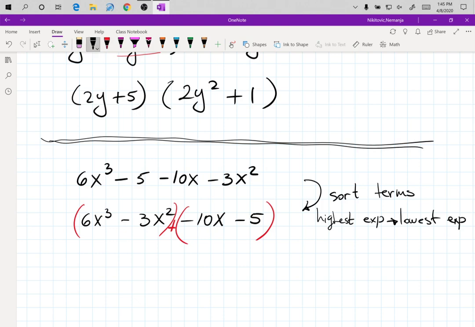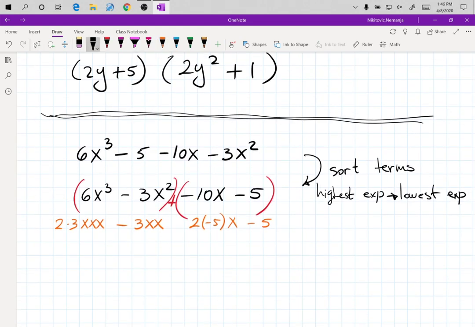All right, so what's next? Let's see. So 6 is 2 times 3, let's go orange. 2 times 3 and 3x's minus 3 and 2x's. Over here, we're going to have 2 times negative 5 with an x and then a negative 5.